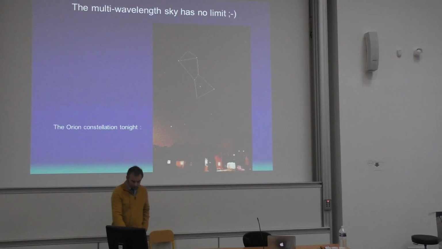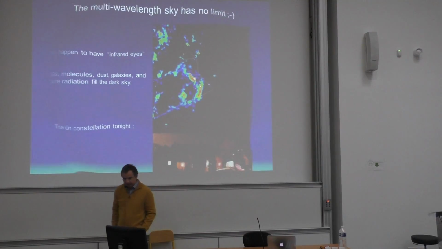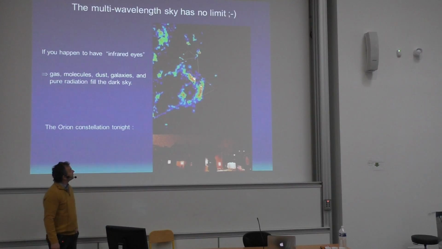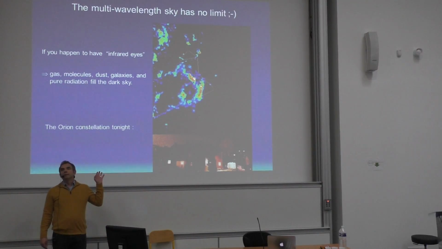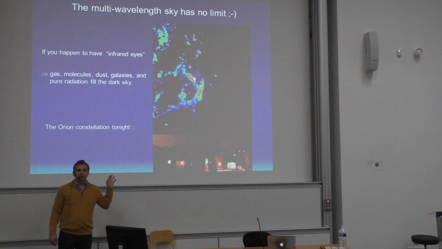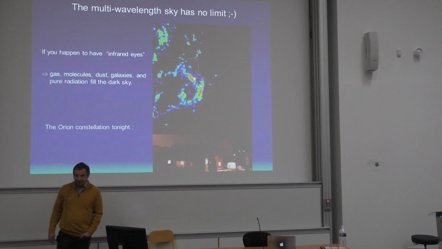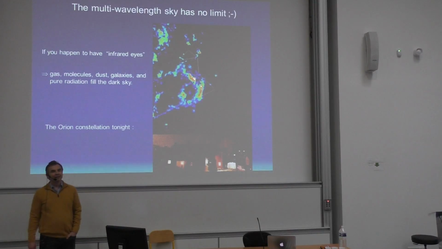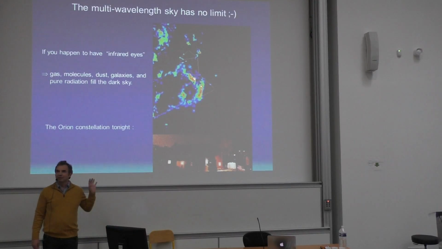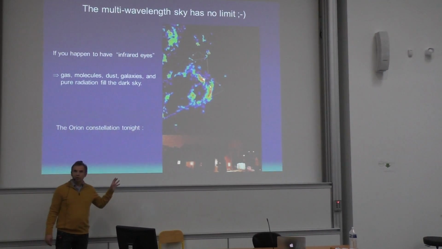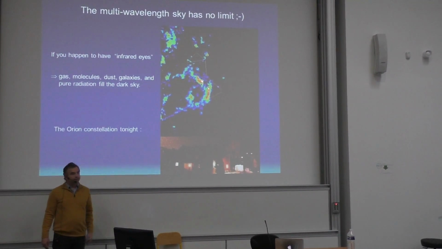And then when you go to the infrared, here is what you can see. It's emission everywhere. This is not really the infrared, sorry for the experts. This is the radio emission from the CO molecule, but the infrared from dust is almost the same. Those are fake colors just showing where there is light.